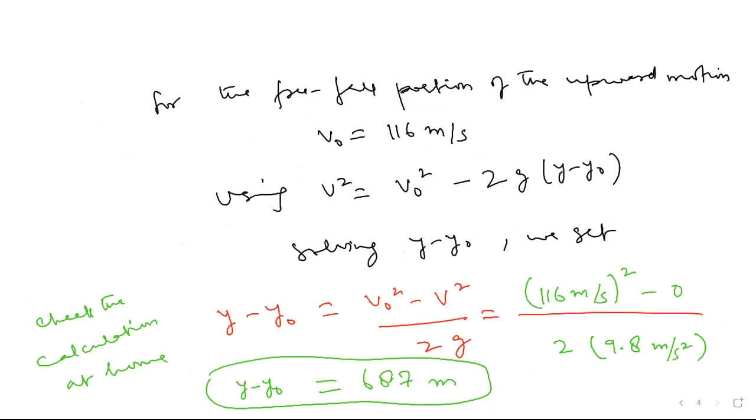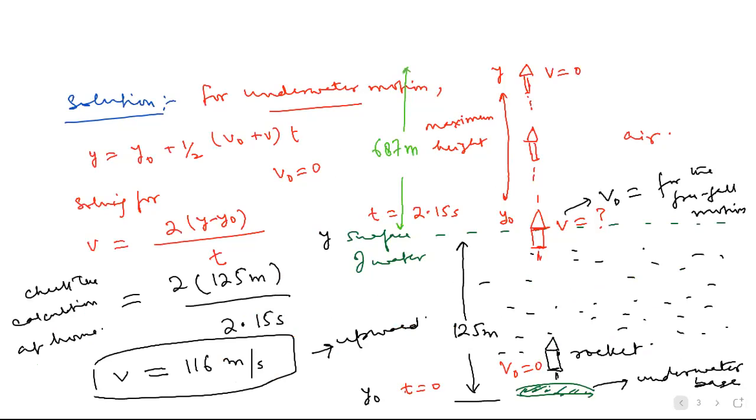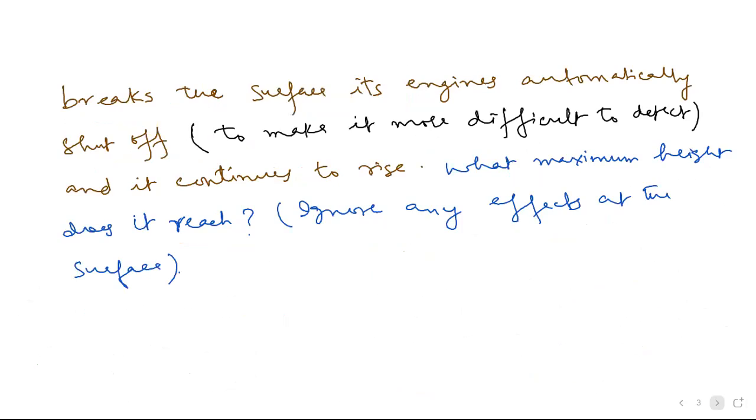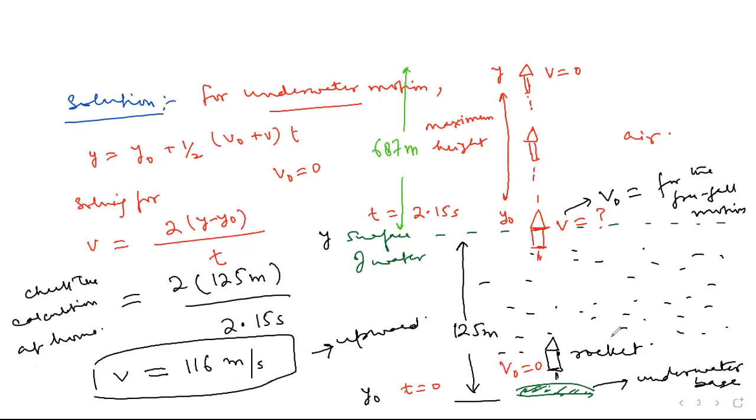I hope you got the problem. I summarize the problem. We had an underwater base. From the underwater base, the rocket is launched with initial velocity 0. The surface of water is 125 meters from the base. The rocket goes through the water, hits the surface, and it takes 2.15 seconds to reach the surface.